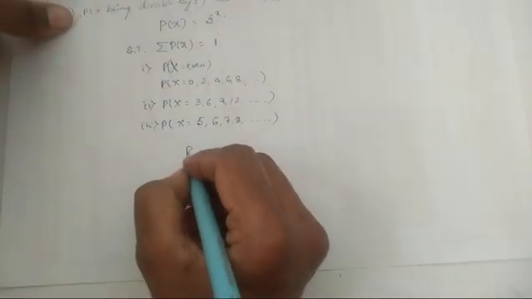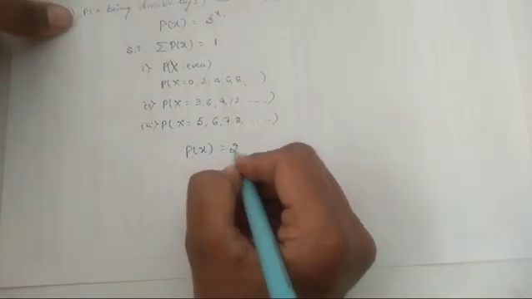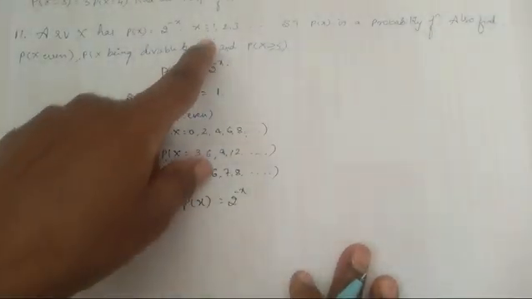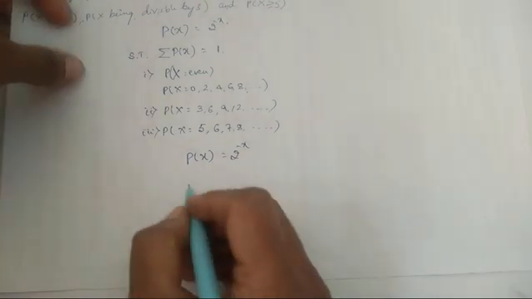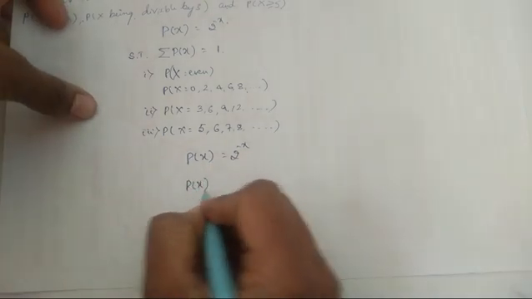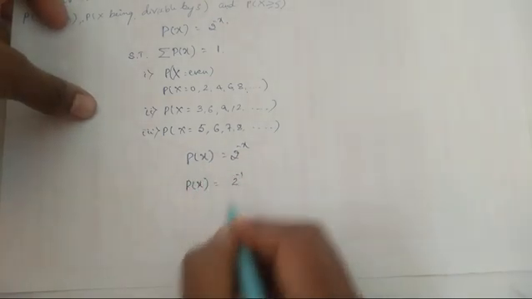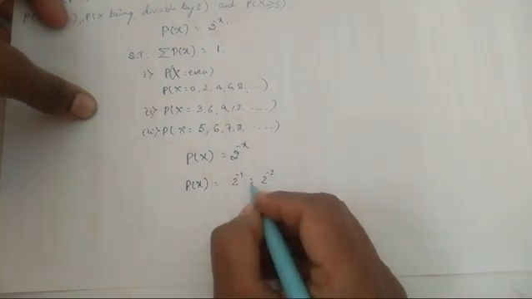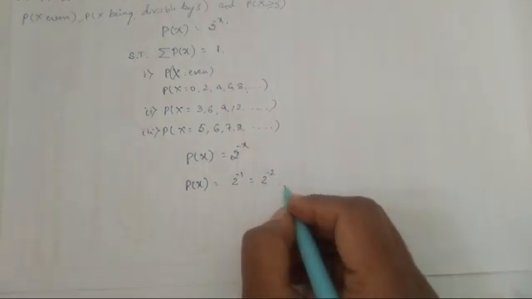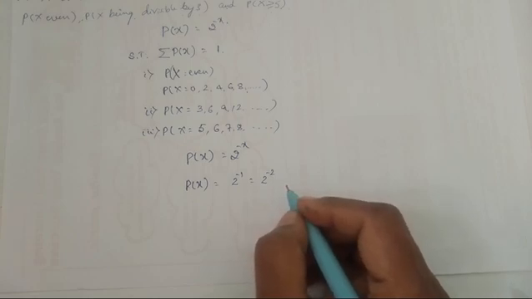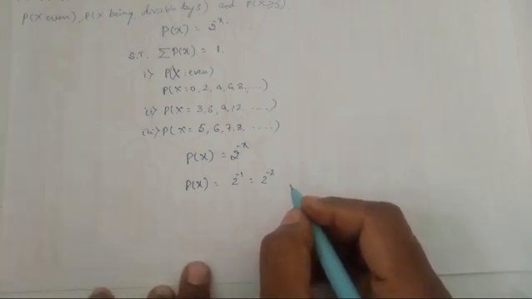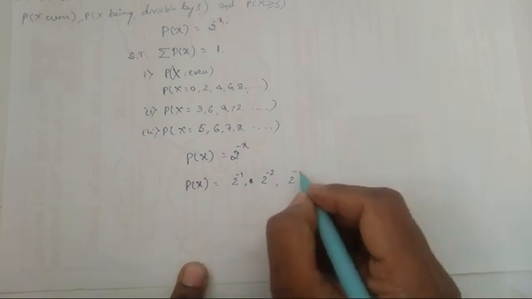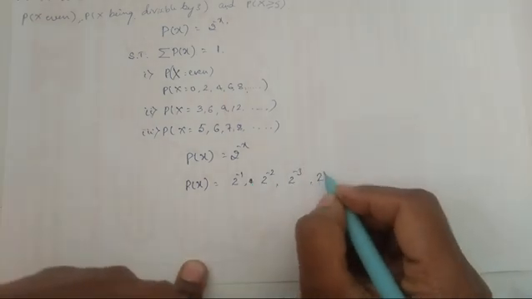P of x is equal to 2 power minus x. X can take the values 1, 2, 3, and so on. So let me write the values: 2 power minus 1, 2 power minus 2, 2 power minus 3, 2 power minus 4, and so on.